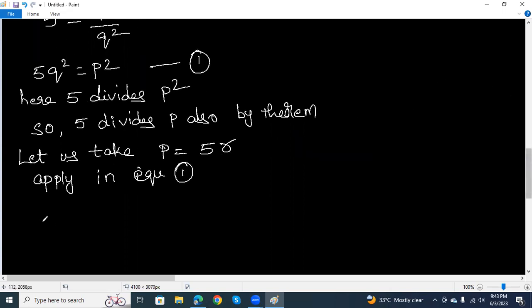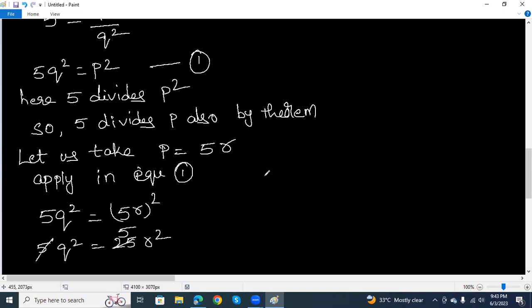What do we get? Instead of p, we will put 5r whole square. 5r whole square means 5 square is 25r square, which is equal to 5q square. 5 ones are 5, 5 fives are 25.